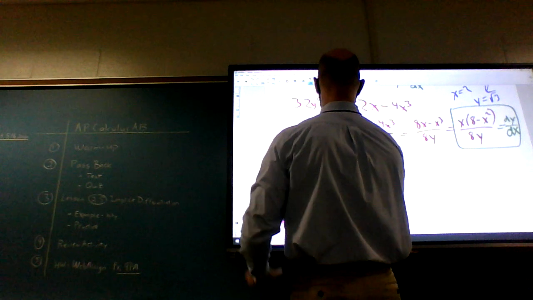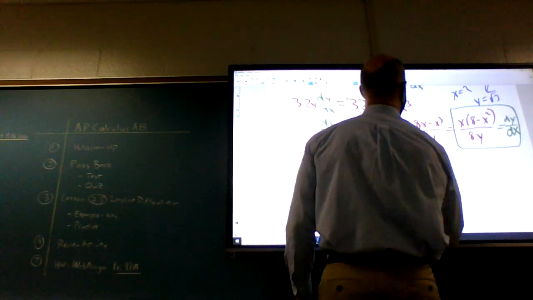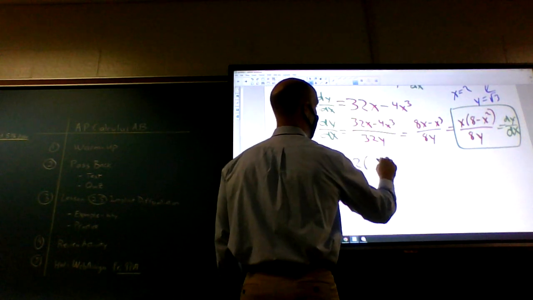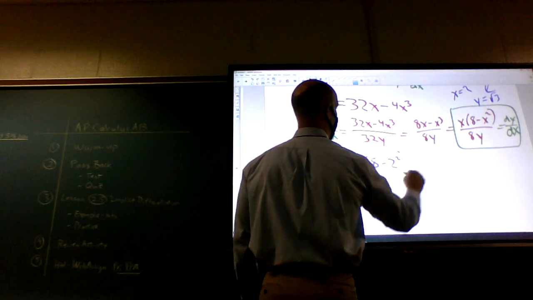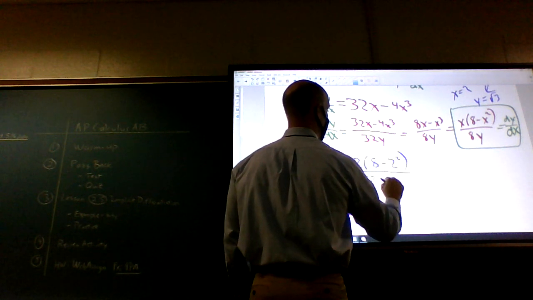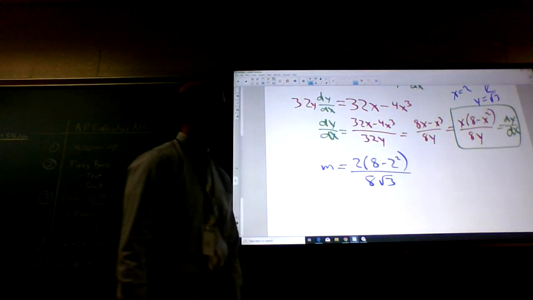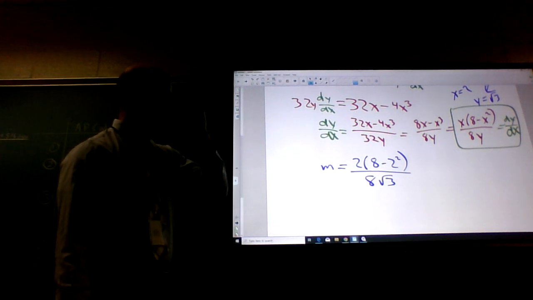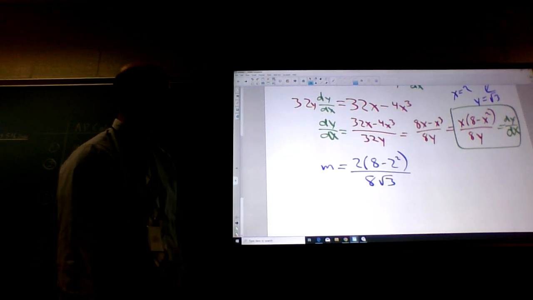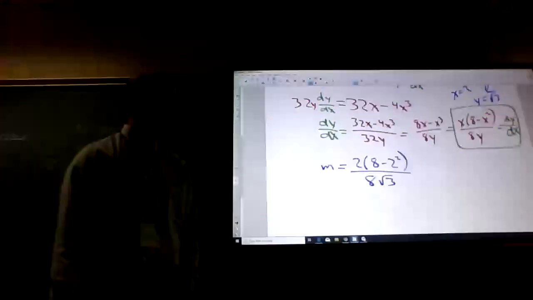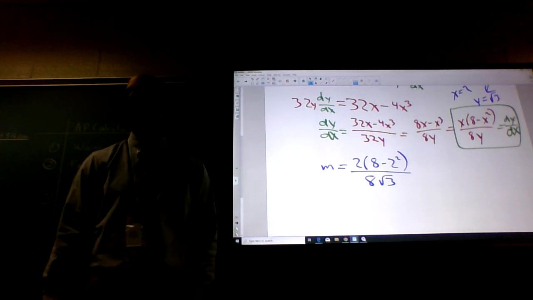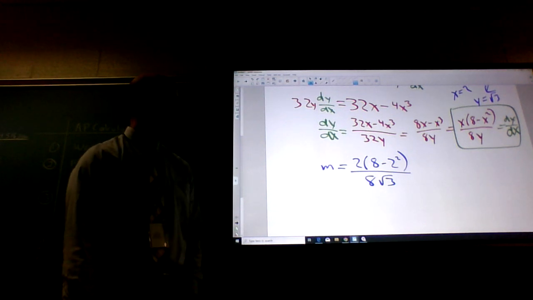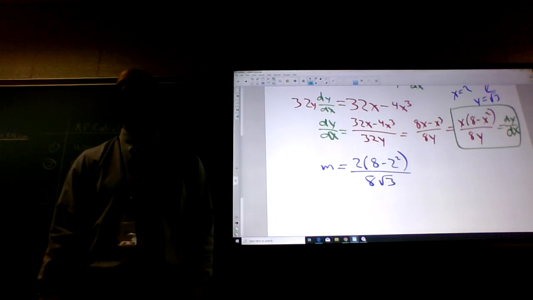So now I'm going to say that the slope is equal to 2 parentheses 8 minus 2 squared over 8 times the square root of 3. What do you get on the top there? I think you get 8, don't you? And what happens to the 8 over the 8?